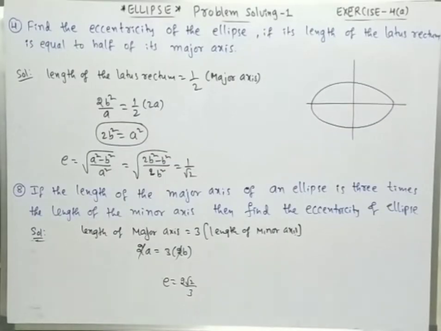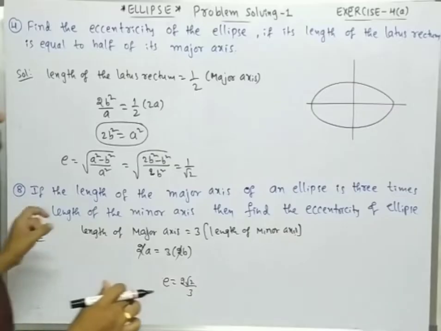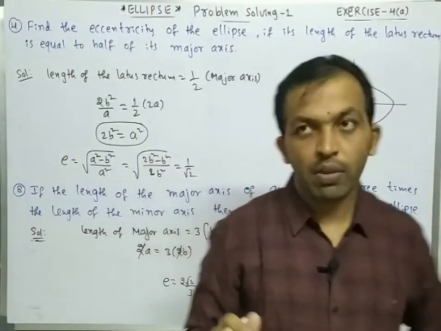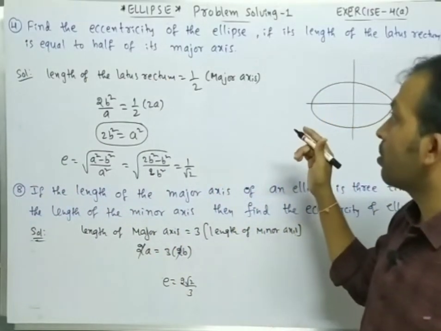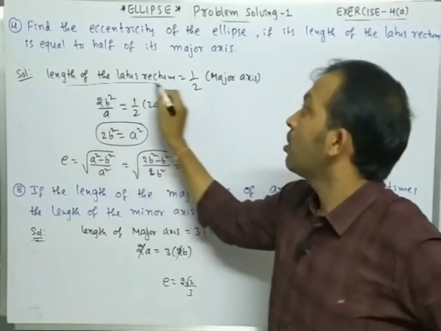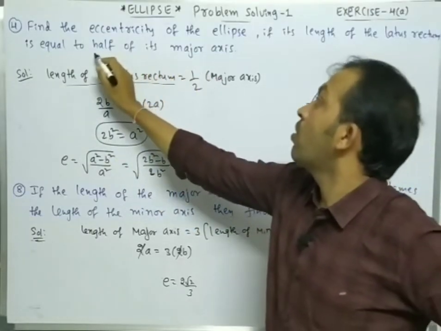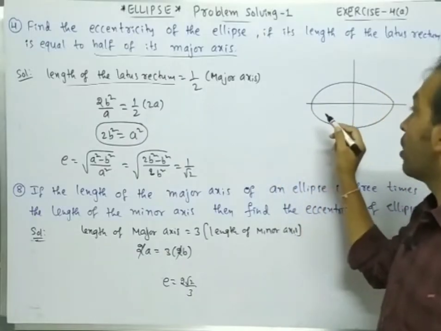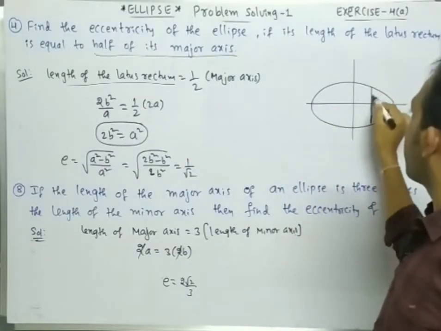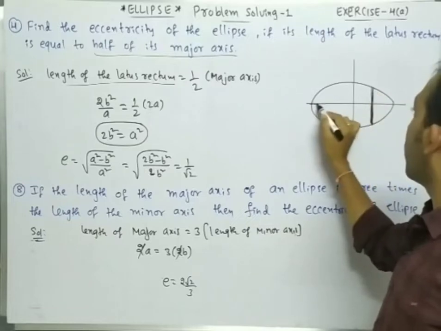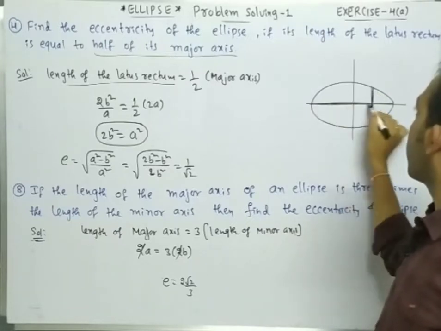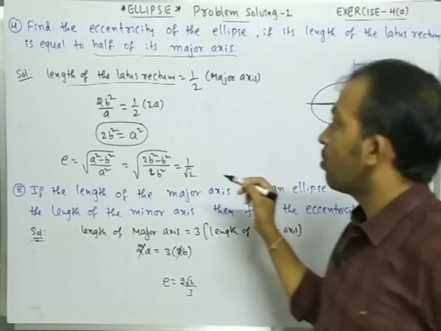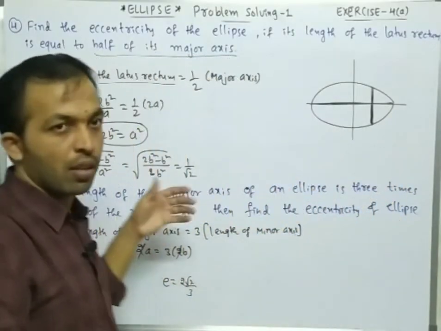Next, simple problems. Find the eccentricity of the ellipse if its length of the latus rectum is equal to half of its major axis. So the length of the latus rectum is equal to half of the major axis. Right, so write the condition and substitute the formula.